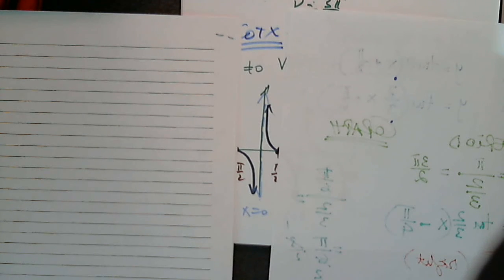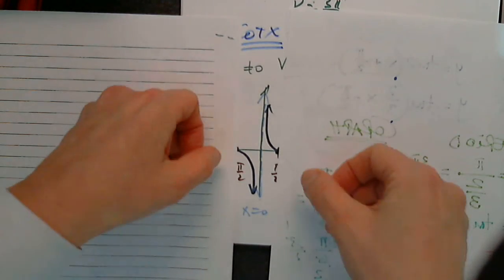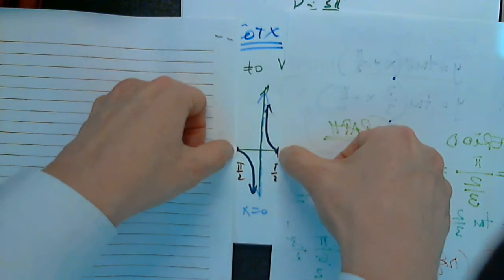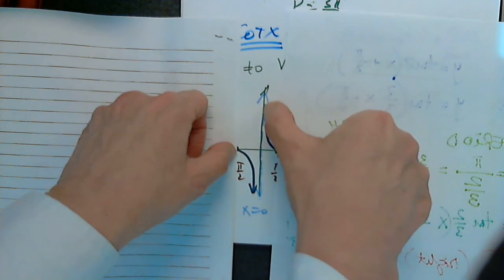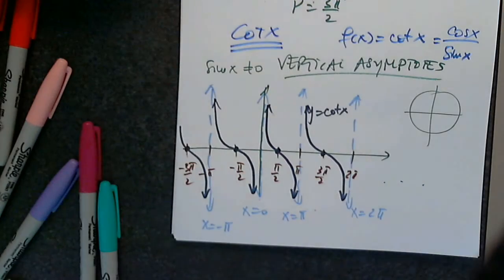Only two functions are even, the ones that do not have sine in them: cosine and secant. So that's the reason why we will be defining this in an interesting way. Between negative pi over 2 and pi over 2, including negative pi over 2 and pi over 2, but not including 0.